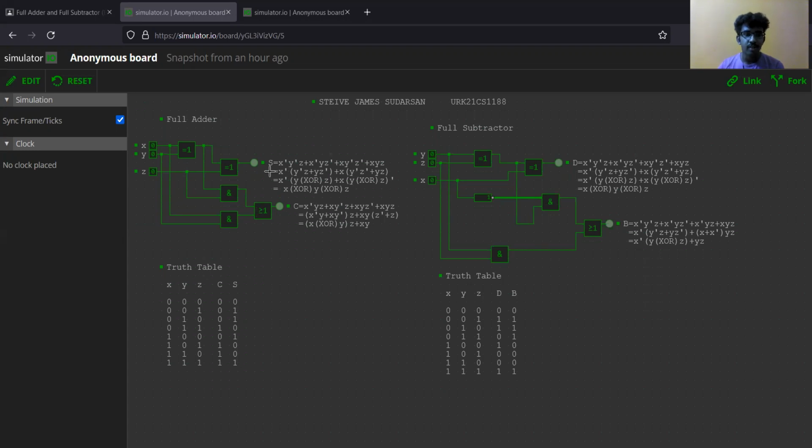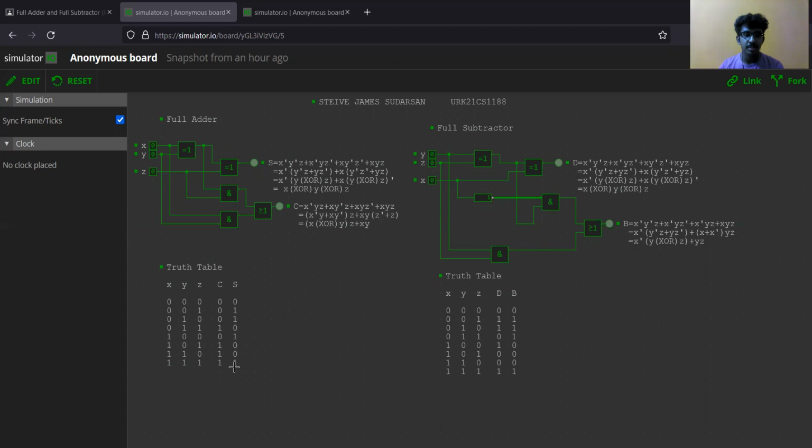Now we can derive it for S as sum. First choose the ones place here. The 1 consists of 0, 0, and 1, which is nothing but x complement, y complement, and z. Plus the other one, 0, 1, and 0, which takes x complement, y, and z complement, plus the other one as 1, 0, and 0, which is nothing but x, y complement, and z complement.